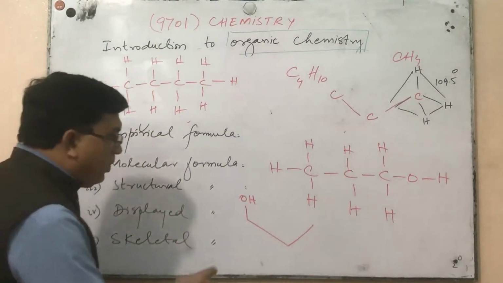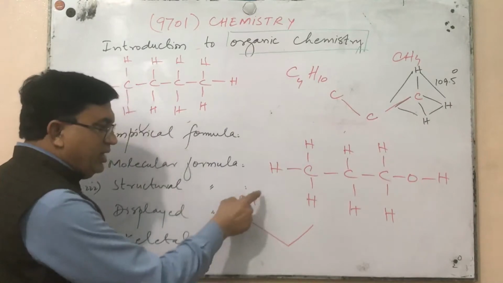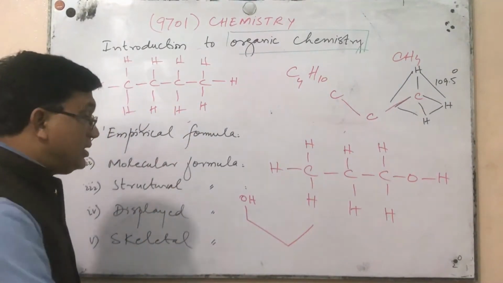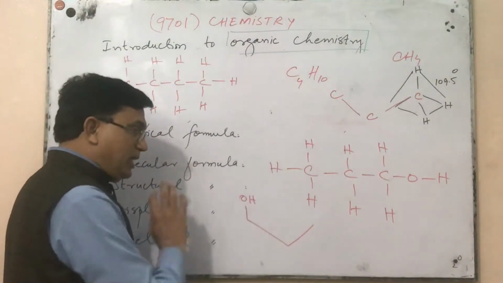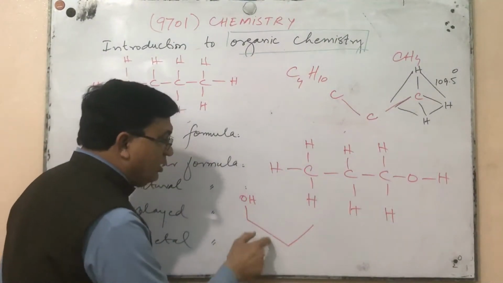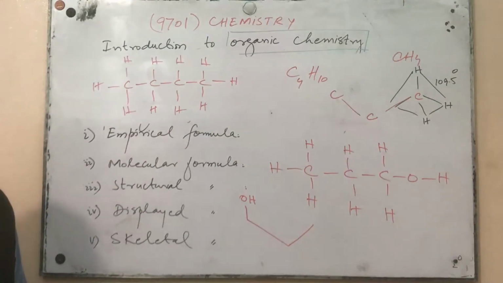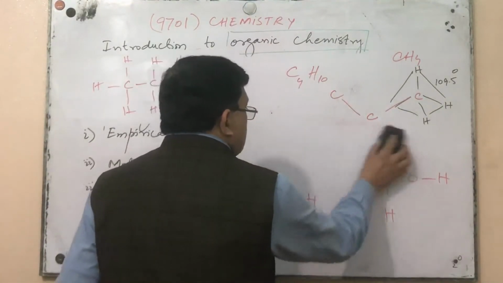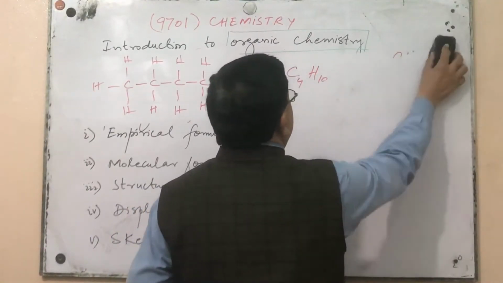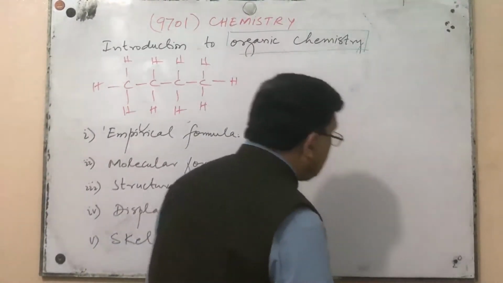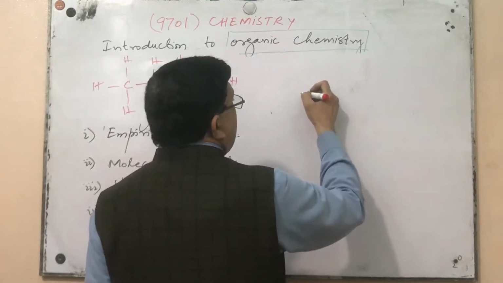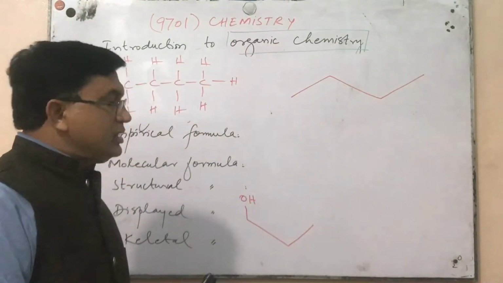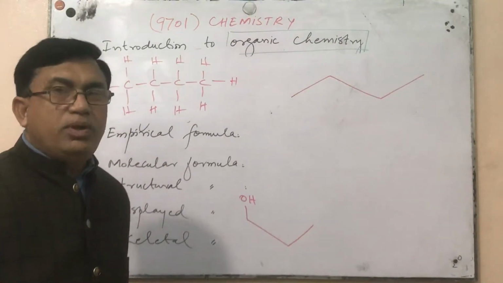This is important: the functional group will be represented separately and all atoms present in the functional group will be represented. Now this is the skeletal formula of propanol. If I want to draw the skeletal formula of, for example, butane, I will represent it just like this. This is the formula of butane.